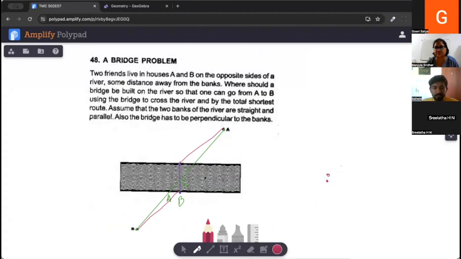So you have to find the fastest path from A to B. That will actually be the path like light travels from one point to another if you have a transparent medium in between. The path followed by the light will be the fastest path.